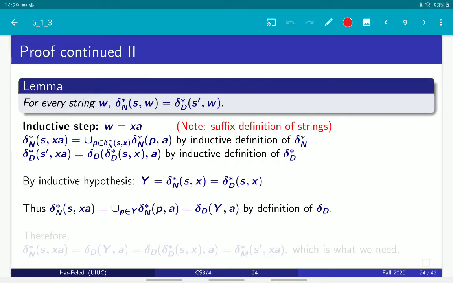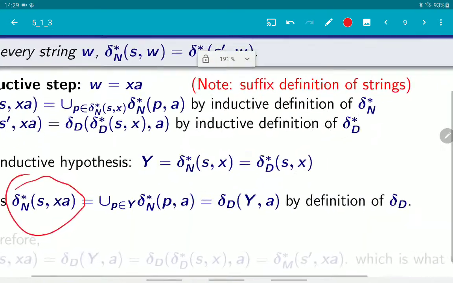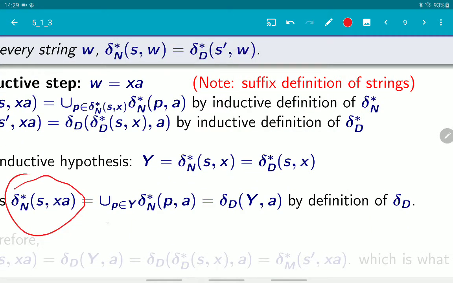Okay, so now let's go back to our definition. So this is the configuration that the NFA is going to be in, we now replace the union to be over the states in Y by definition. And this, of course, is the definition of delta D of YA, right? This is exactly the definition of the transition function.